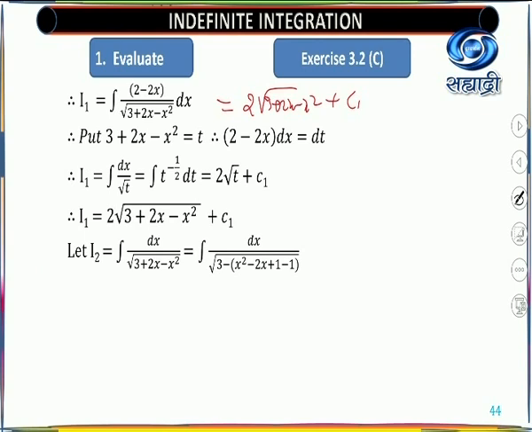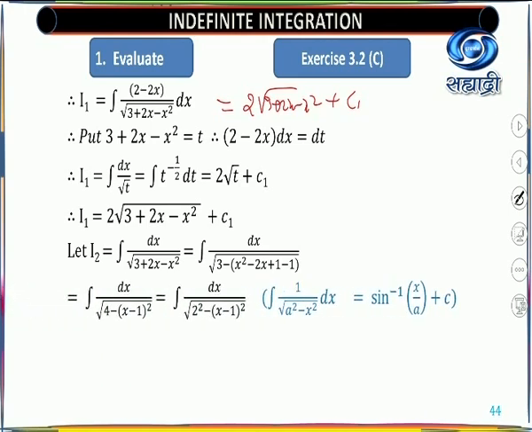And now I2, that is integral dx upon root of 3 plus 2x minus x square. So here if you take the minus sign common, you will get the complete square. By completing the square, what you will get? dx upon root of 4 minus x minus 1 bracket square. Why? This is the simplification here. Again, if you take the negative sign common, it becomes x square minus 2x plus 1 minus 1.